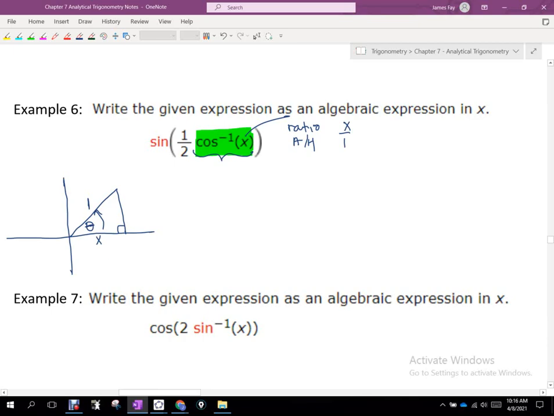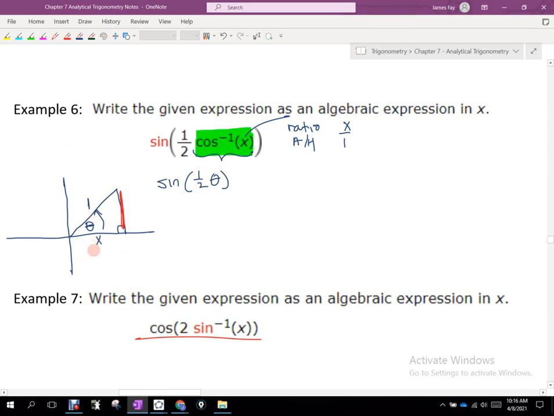Is that okay with everybody? So I can rewrite this now as sine of 1/2 theta. Now we don't end up needing this, but I think it makes sense to find this vertical distance because tomorrow when we do this problem, we will need it. How do I find that vertical distance right there?